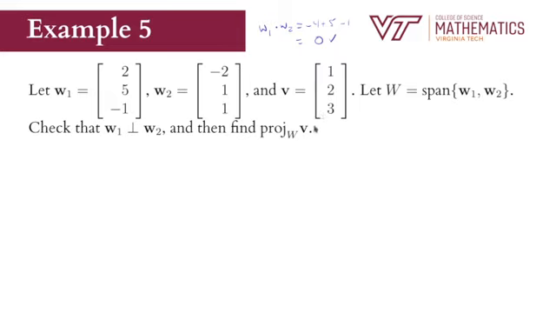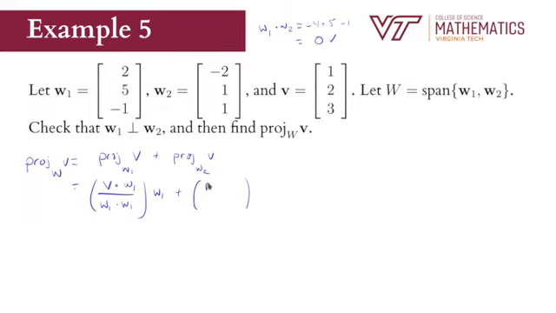And now let's project V onto W. The projection of V onto W is the projection of V onto W1 plus the projection of V onto W2. So that's V dot W1 over W1 dot W1 times W1, and then same thing, V dot W2 over W2 dot W2 times W2.